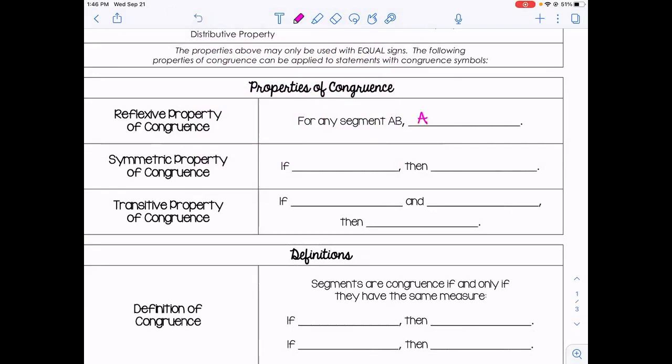So segment AB is congruent to segment AB. It's like the same thing. We also have the symmetric property for congruence.